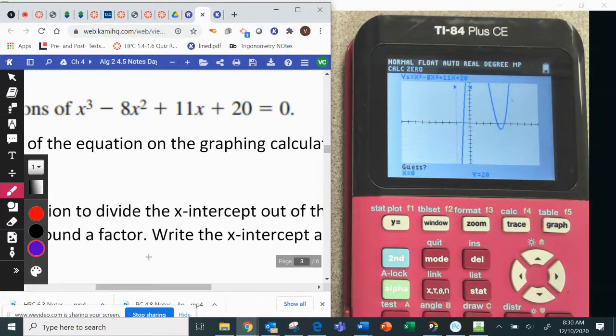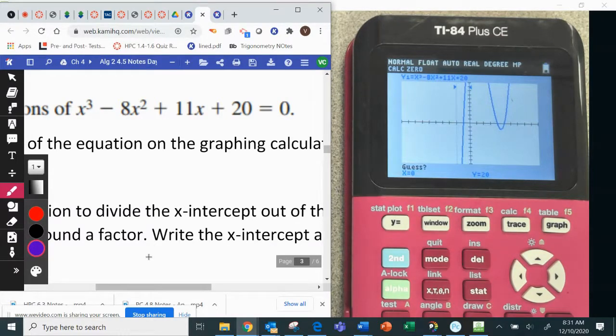Do second trace, and then pick 0. And then do -2, enter. And then what's it say at the bottom? Did you do -2 or -2? Okay, so now do 0, enter.